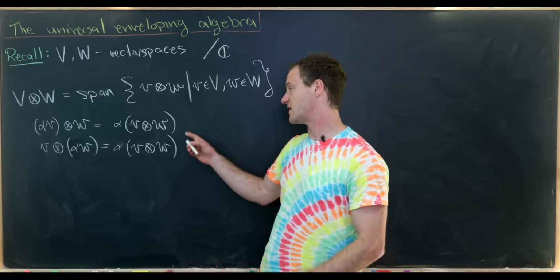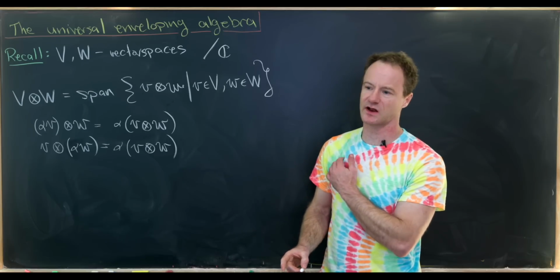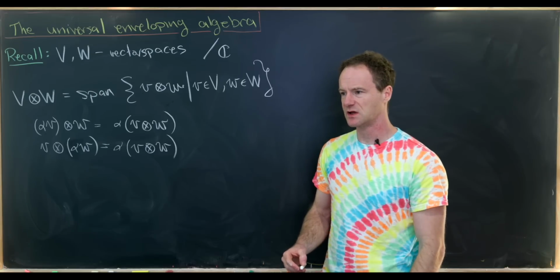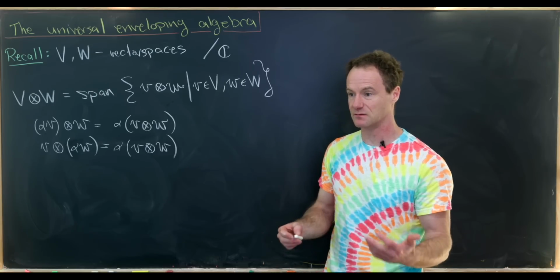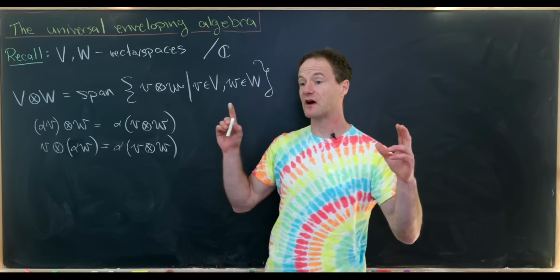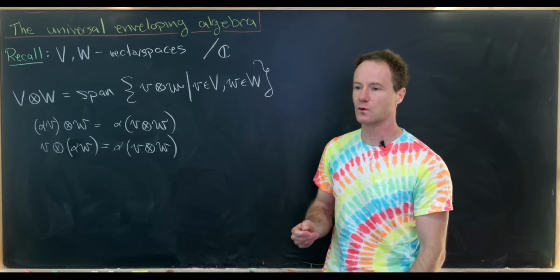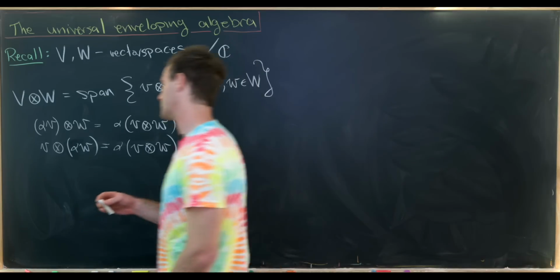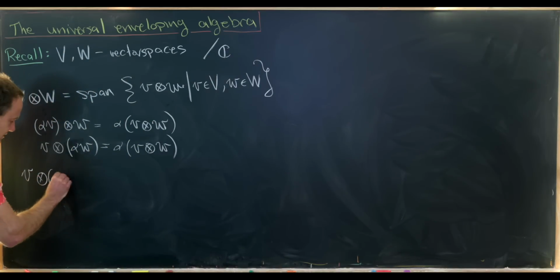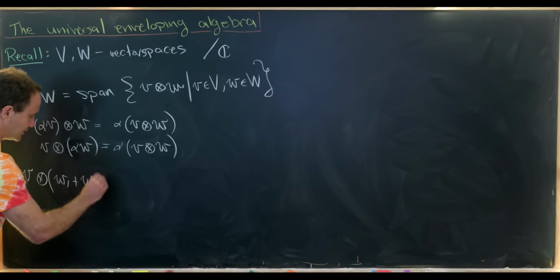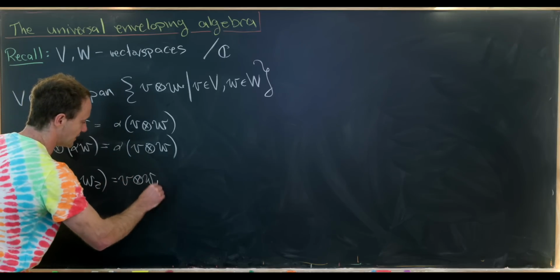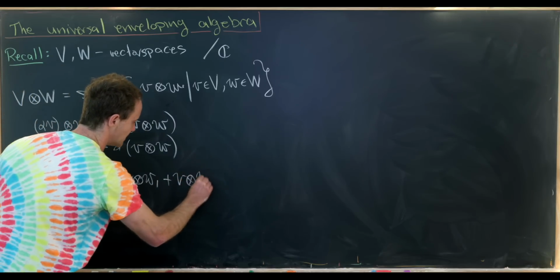So to start with, we have these two rules about how the tensor product acts. But we've got this word product within the tensor product, and so perhaps it should satisfy some more rules that a product satisfies. And in fact, when we did our construction, we forced it to satisfy a couple of more rules that look like a distributive property. So also we have the following rule. We have v tensor w1 plus w2, where that's the sum of two vectors in W, is equal to v tensor w1 plus v tensor w2.